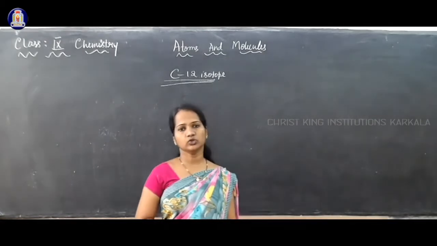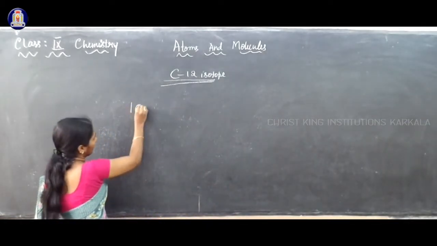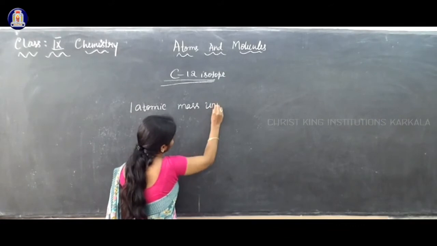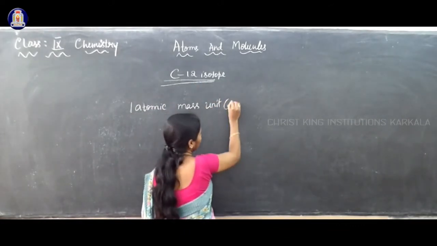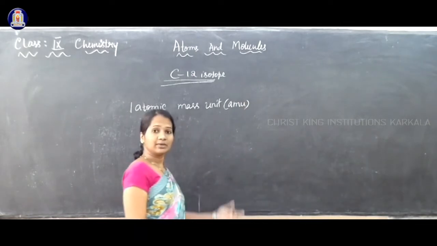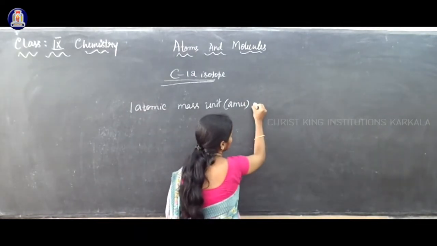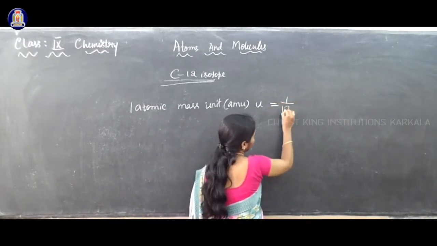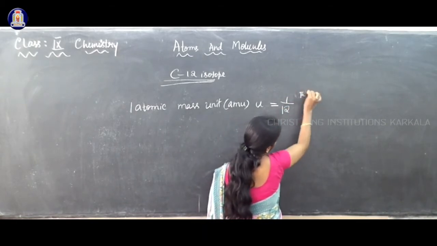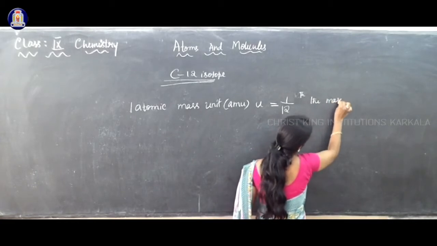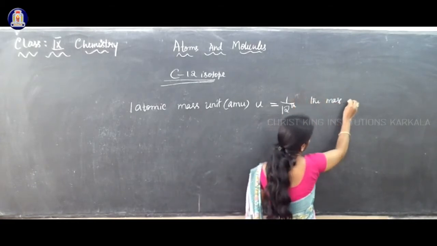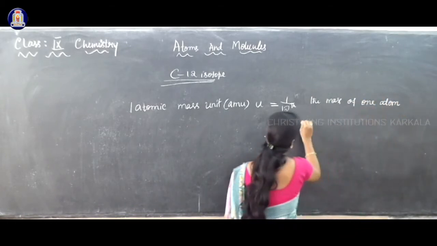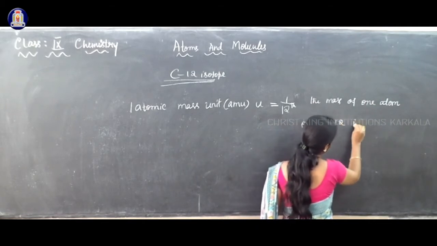One atomic mass unit, or 1 AMU, which at present is represented as U, can be defined as 1 by 12 the mass of one atom of the carbon 12 isotope.